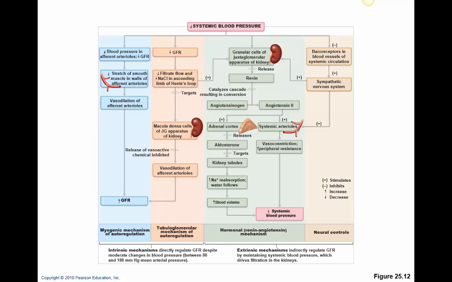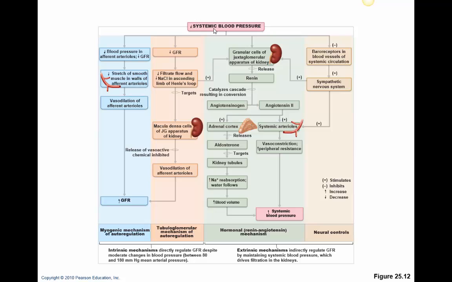Now, if we had increasing blood pressure, the opposite would be true. We'd see an increased stretch of that afferent arteriole, which would cause a reflexive vasoconstriction of the afferent arteriole to slow down the glomerular filtration rate. But in this case, we're looking at a falling blood pressure, which could be because of massive bleeding, for example.